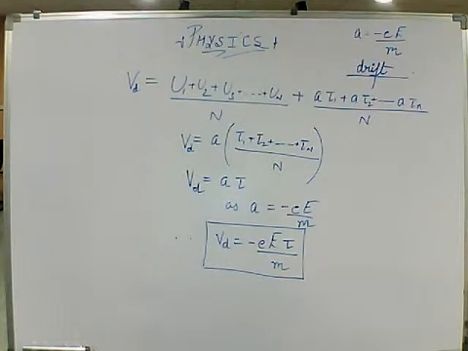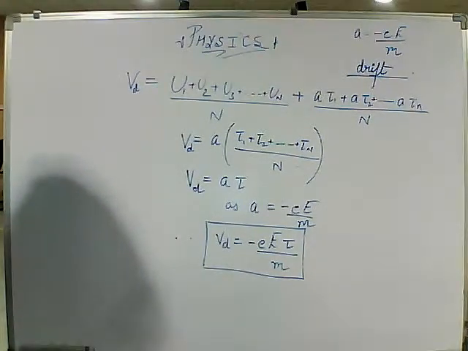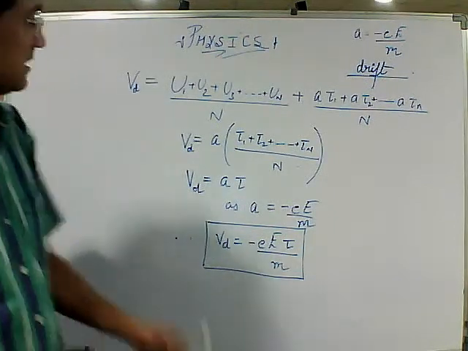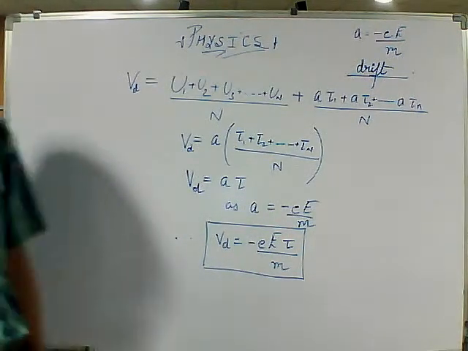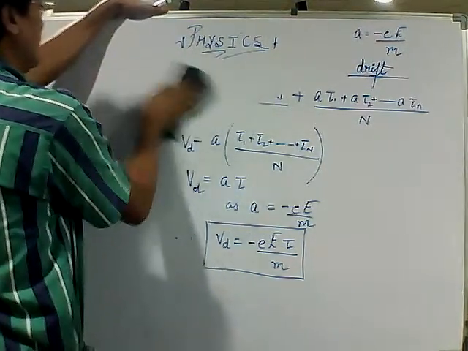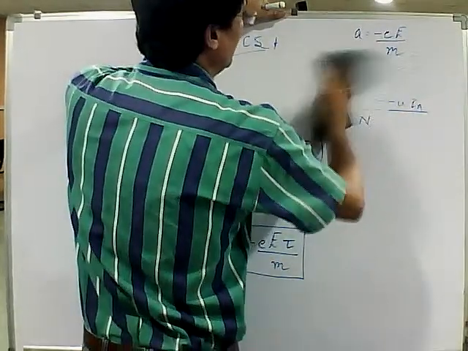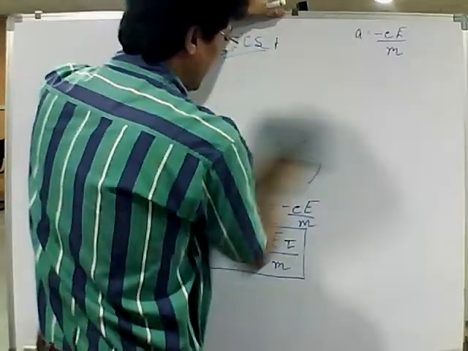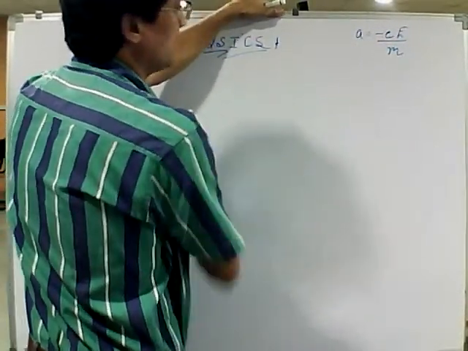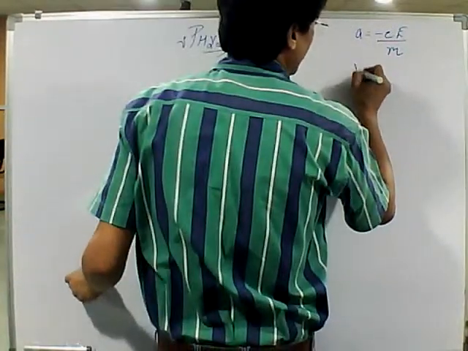Okay, then, as we got the expression for drift velocity, let us also obtain an expression for current in terms of drift velocity.